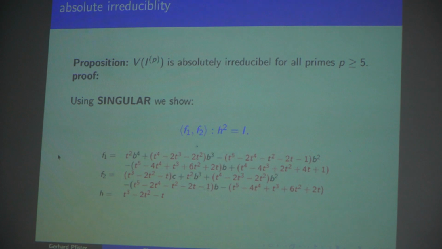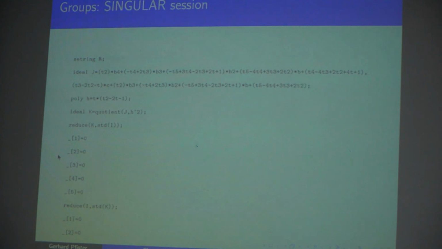H is there. And so we could continue with the 2 polynomials to prove absolute irreducibility. So again, that is just how to show that both ideals are the same, that we can reduce to this case.